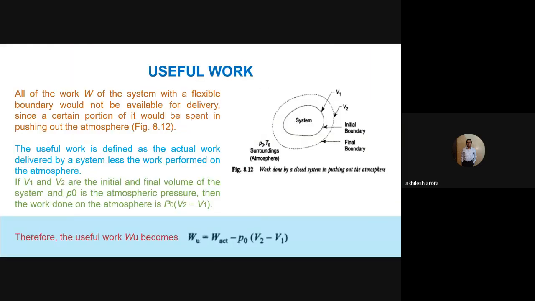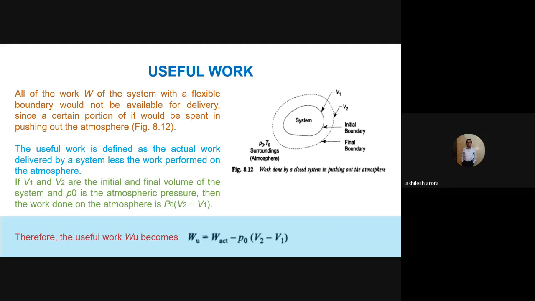Useful work also we calculated. About useful work, I told you that in case of a closed system there is every possibility that the boundary can change. As you can see in this particular diagram 8.12, there is some initial boundary and some final boundary, and this change occurs because of the change in volume of the closed system. When there is a change in the boundary, the system is doing work against the atmosphere.